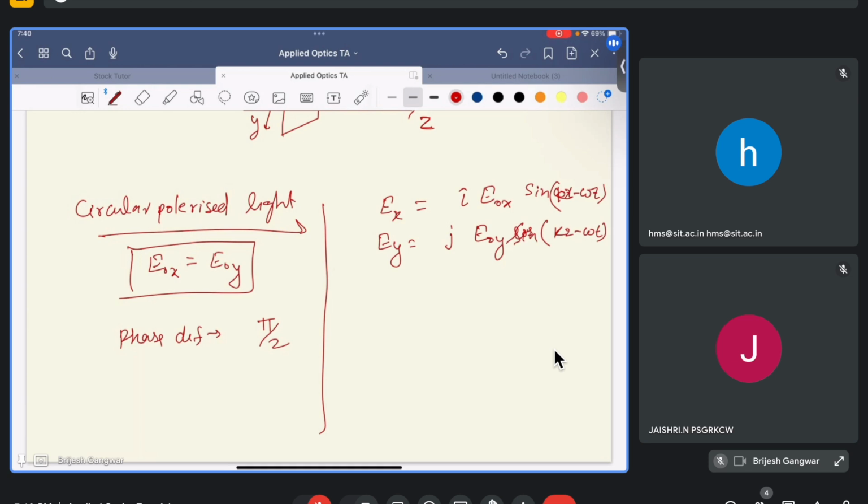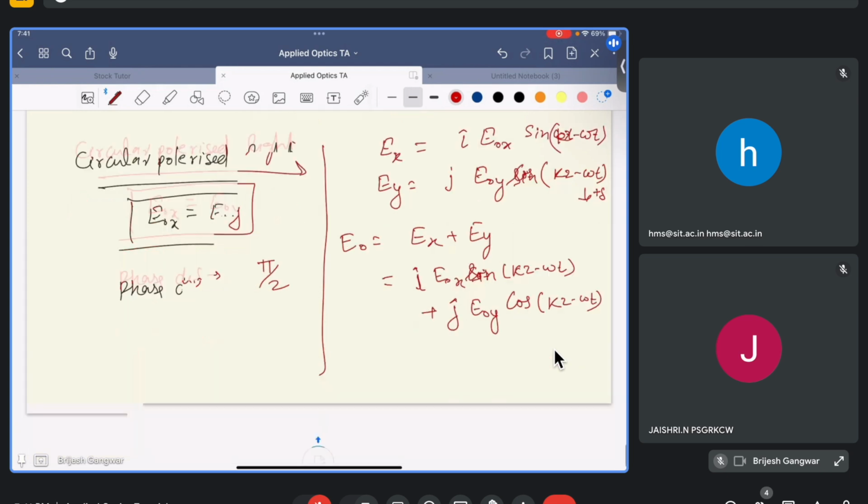We are considering sine, and if they have the pi by 2 phase, let's consider this plus delta, then you will have E equal to Ex plus Ey. This will be something like i cap E0x sine kz minus omega t plus j cap E0y cos kz minus omega t.